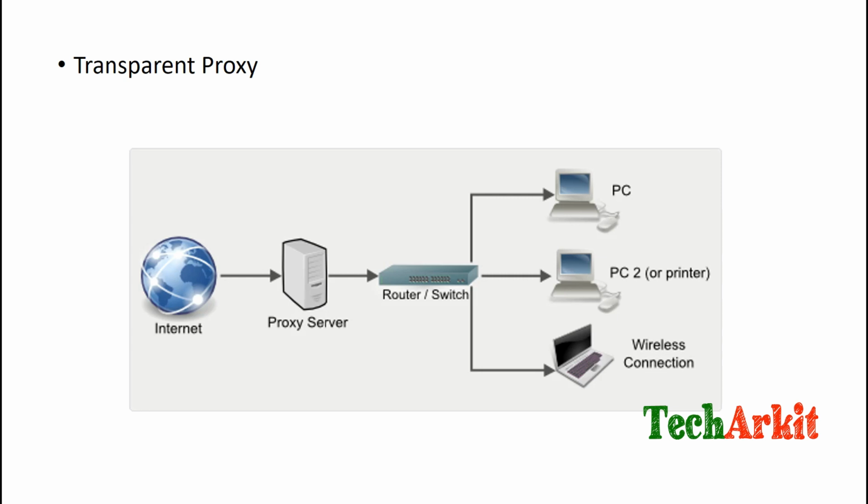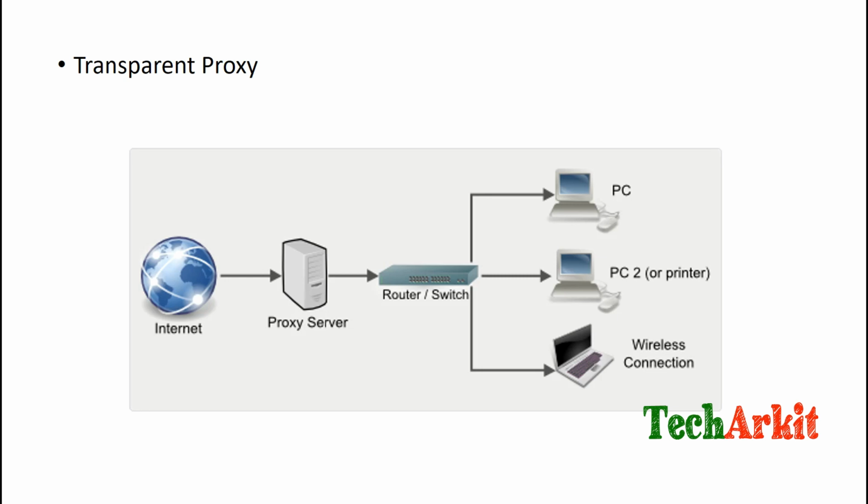In corporate organizations, client side configuration is not an easy task to set up. So what they do is put a transparent proxy in place, and all the traffic from the clients to the internet passes through this transparent proxy. It does caching, authentication, and filtering on port requests such as 80, 443, or whatever ports you set up.